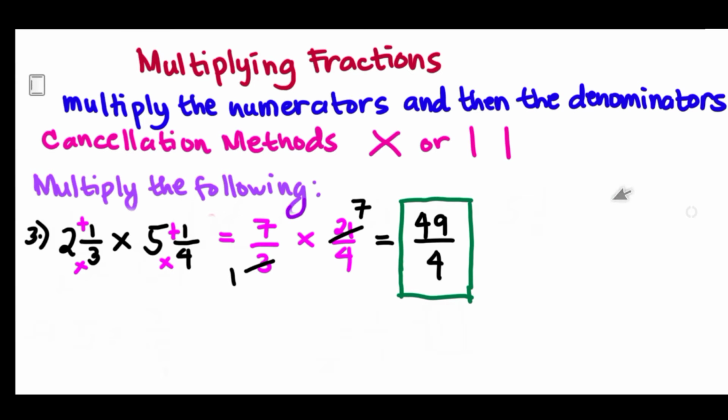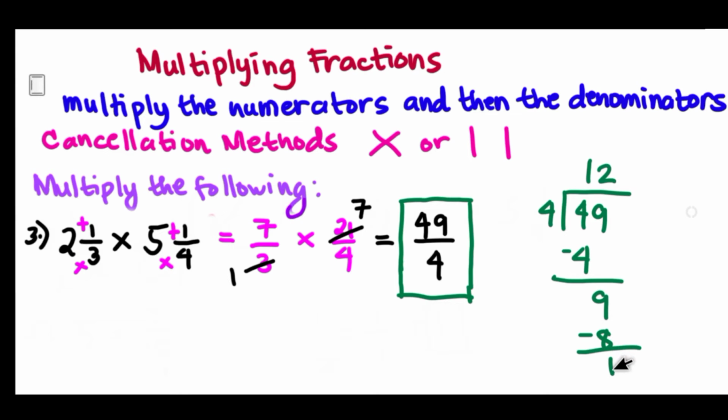Kung gusto niyo siyang gawing mixed number, ganito lang po yung gagawin niyo. 49 divided by 4. So, 4 divided by 4 is 1. 1 times 4 is 4. And then, bring down 9. 9 divided by 4 is 2. 2 times 4 is 8. And then 1.